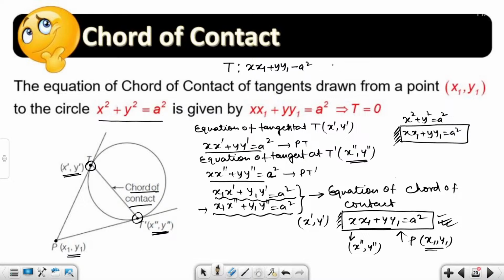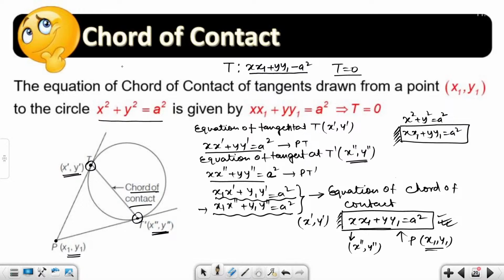If I put this T equals 0, this becomes the equation of the tangent. And from there, this capital T comes into the picture. So I will use the notation T. T means x(x1) plus y(y1) minus a square. This is for the circle x square plus y square equals a square.